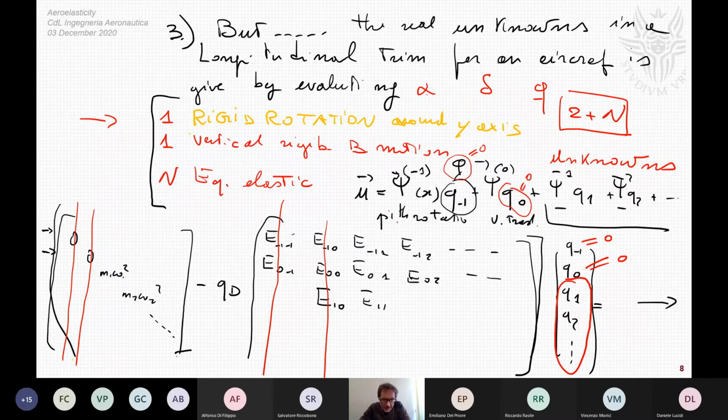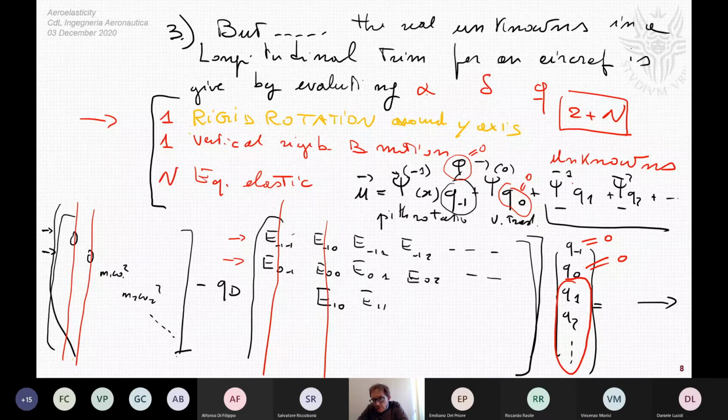The first one is exactly the same as before, the equilibrium to vertical motion, and the other is the equilibrium to the pitch. So I have numbered the pitch equation as -1 and the vertical as 0.